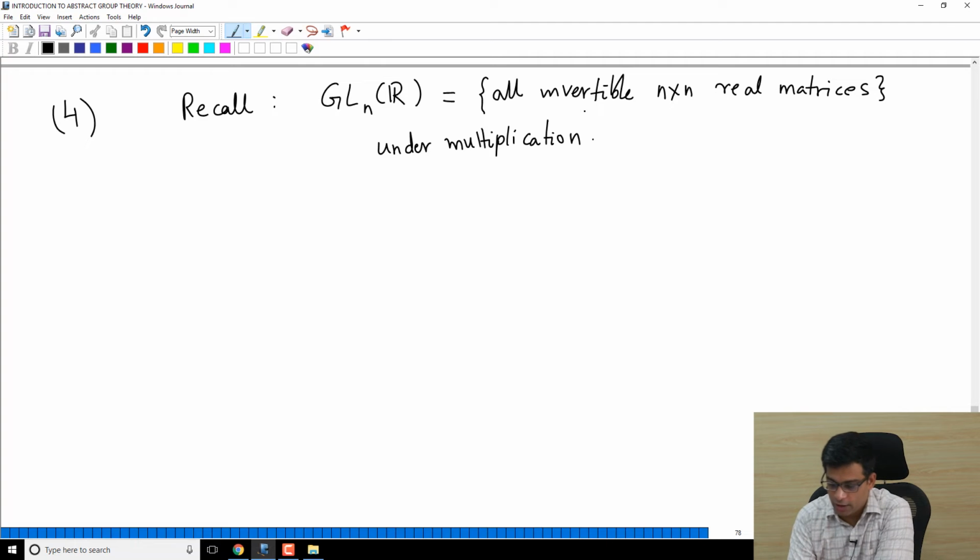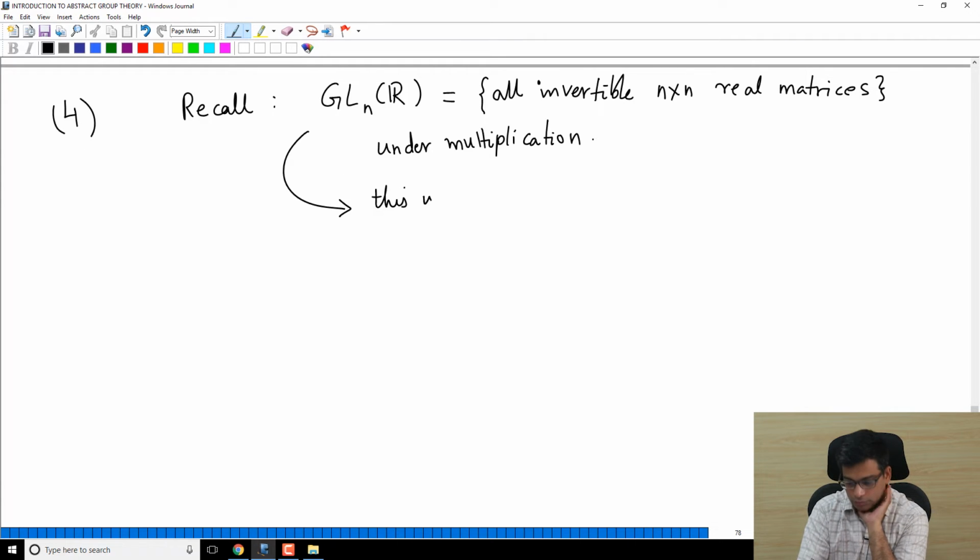We take all invertible matrices of size n by n with real entries, and make it a group by multiplication, because every matrix in this set has an inverse. The product of two invertible matrices is invertible, inverses exist by definition, multiplication of matrices is associative, and the identity is there, so it's a group under multiplication.